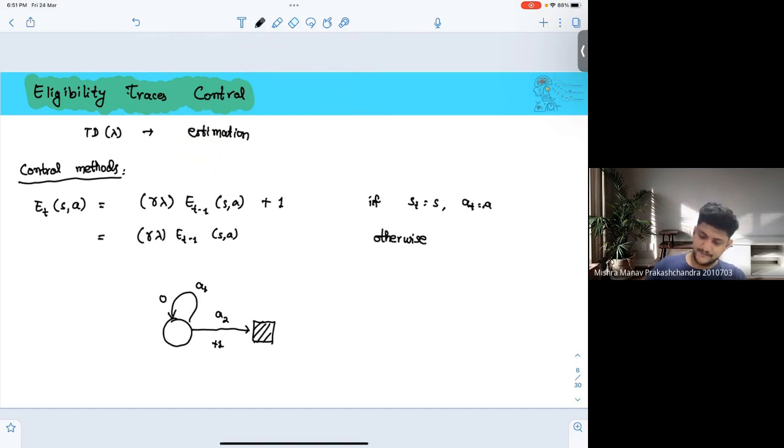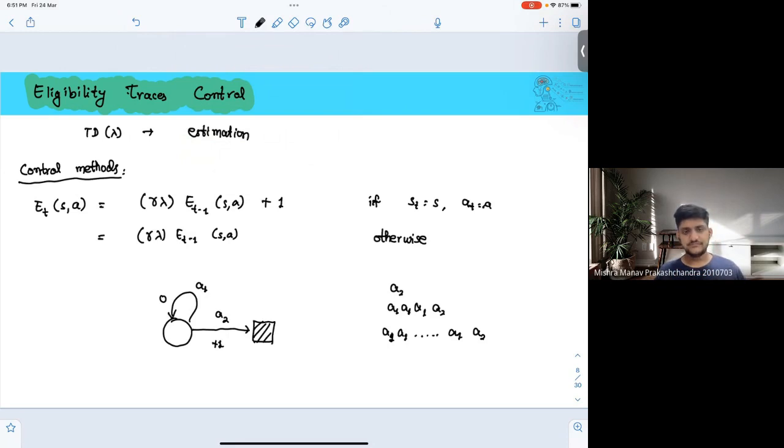So the trajectory somewhat looks like this. Maybe the first action I take is A2. Otherwise, I can take A1 some three times, then I take A2. Otherwise, I can take A1 a very large number of times until eventually I take A2. So this is how the sequence of actions looks.